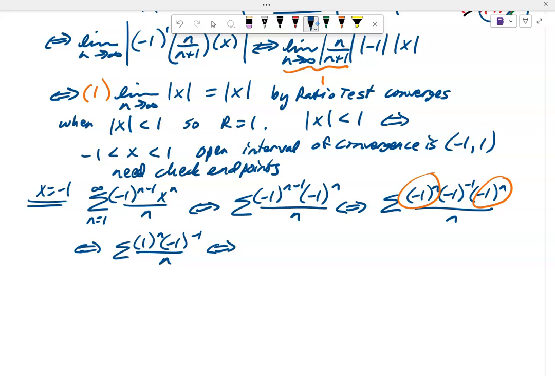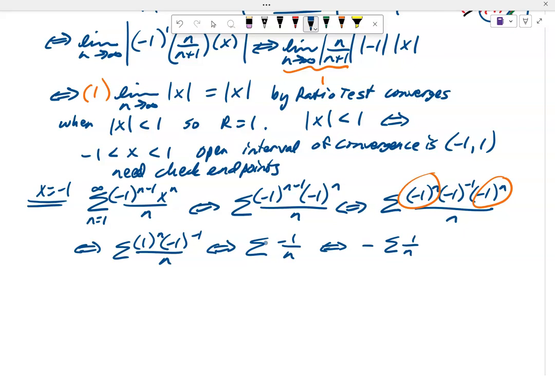But we got -1 to the -1, and so that's the same as negative times 1 over n.